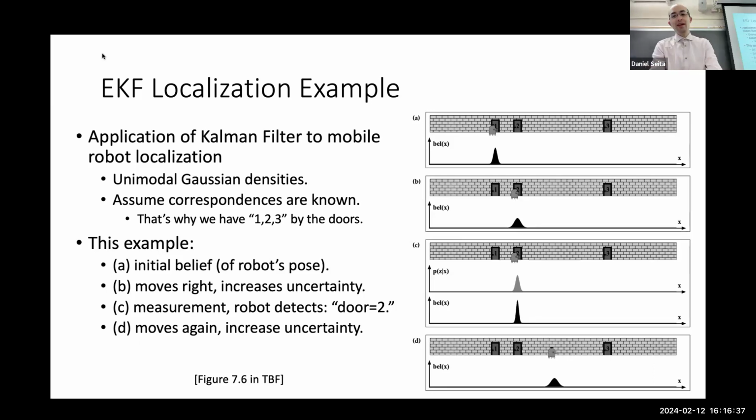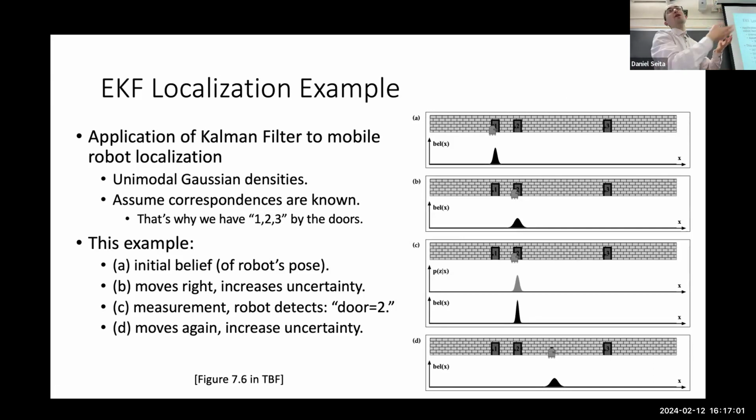So in this example, the landmarks are going to be the doors, right? I think we showed this example in the lecture about Kalman filters, but the main thing that's different is that we're assuming that correspondences are known. That just means that if we measure a landmark or detect something, we know what it is.